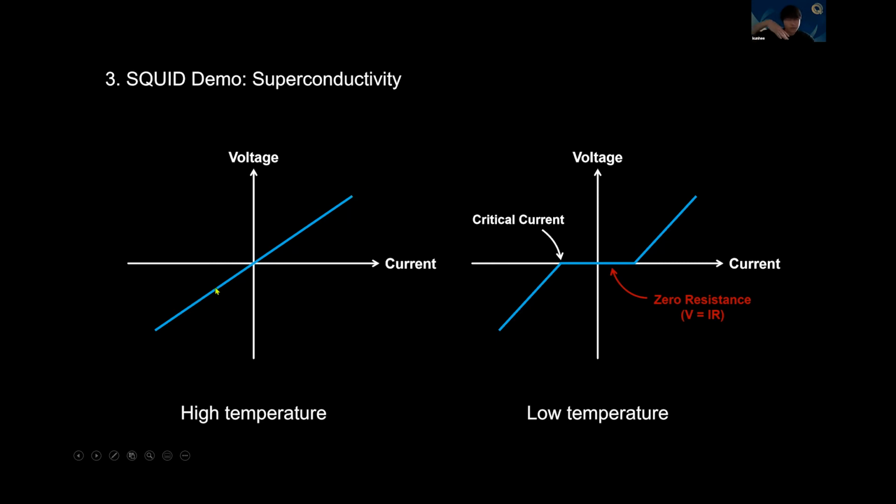You'll see some sort of shift of the gradient. And then at some point, we're going to see this bending of the graph, which indicates superconductivity in the middle. Here you have zero gradient, which means zero resistance. And these bending points are just critical currents. It's when the superconductivity breaks down because you have too much current.